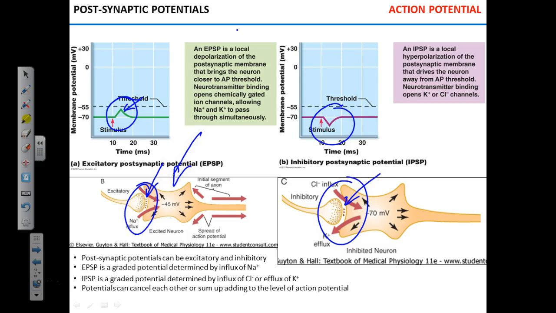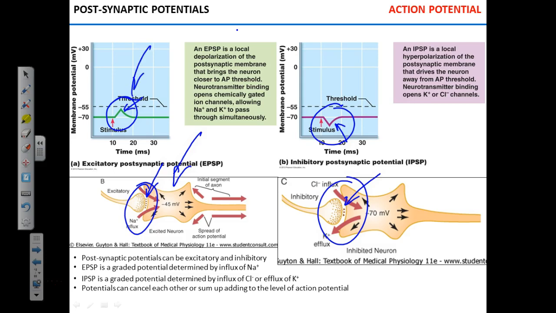Does that make sense? When it becomes more negative, it is farther from the threshold, so it's less likely to develop the action potential. Does that make sense to you? So now, what really can produce normally the excitatory or inhibitory effect? Which ions? So what will lead to depolarization of the membrane?